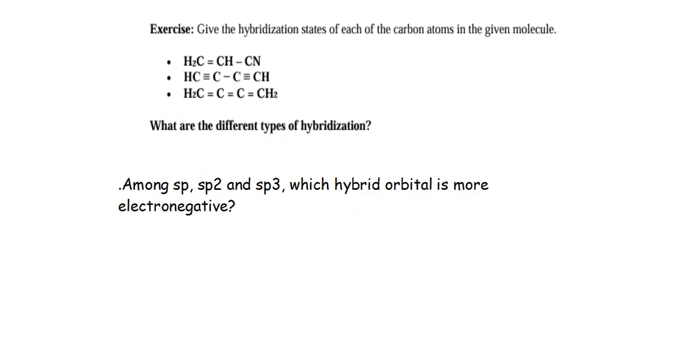So now, an exercise: give the hybridization state of each of the carbons in a given molecule. For this one, we can see this carbon, which is bonded to 2 hydrogens. It also has a double bond to the other carbon, but I'm just judging this carbon.